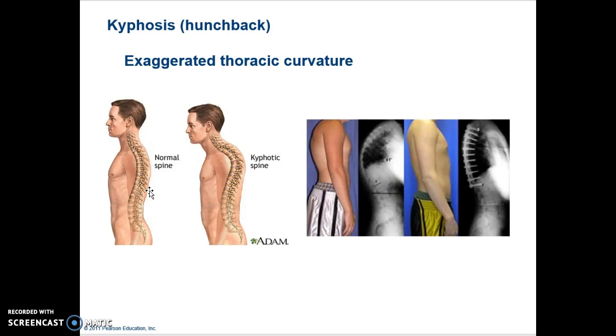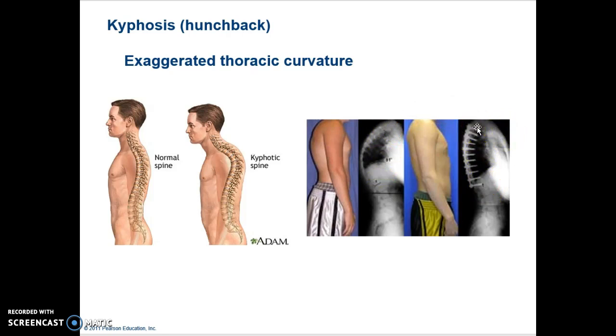Kyphosis is simply an exaggerated thoracic curvature, so you get that humpback or hunchback shape. I'm not sure exactly what causes kyphosis. It depends on different reasons in different people. Here is a young man with kyphosis, x-rays, and then the surgery to correct.